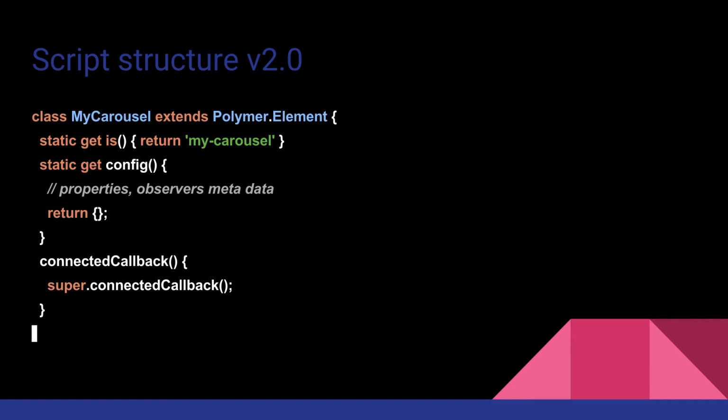Well, it adds this configuration block where you can give back your properties, observers, listeners and so on. That's extra functionality that you would have to implement yourself if you write a vanilla web component. But the mantra of Polymer is actually to remove functionality from the Polymer framework. As web components get more prevalent and have more functionality in them, Polymer should shrink back and take less of a part of the work, and you should do more in a standard way.